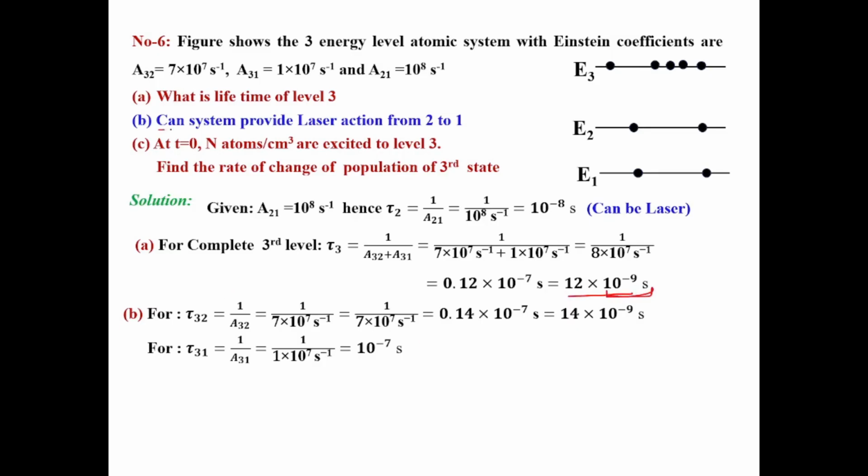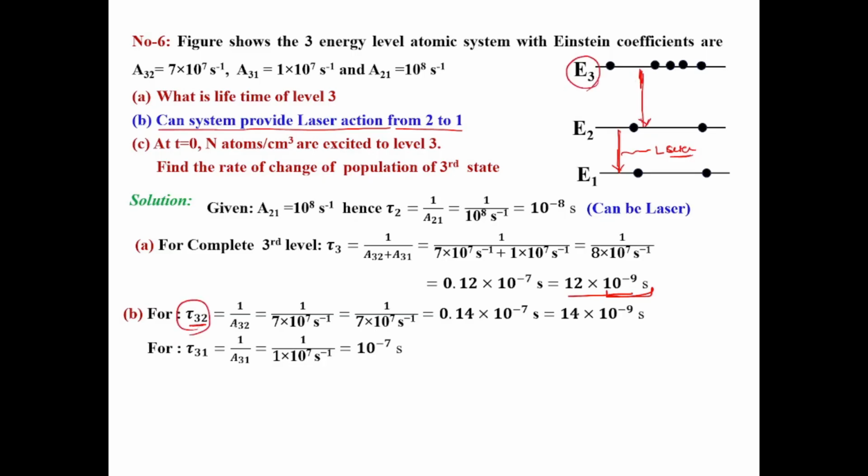Now, can the system provide laser action 2 to 1? Can it provide the laser action? That is the second bit of the question that we are going to discuss here. For that, we have to find out the lifetime of level 3 corresponding to 2 only. If the atoms transit from 3 to 2, what will be the lifetime of E3?